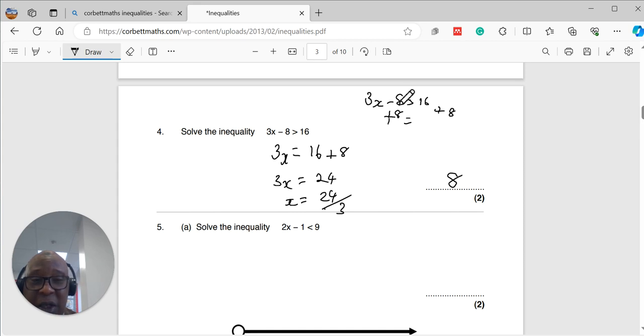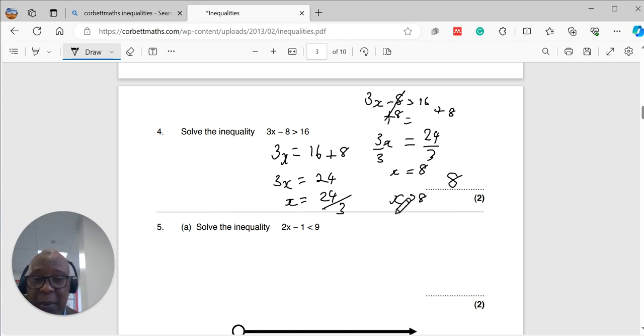So if you add 8 to the left hand side, your 8s have gone, and you're left with 3x, which is greater than 16 plus 8, which is 24. And then they say divide both sides by 3, and that will give you x equal to 8, or remember to change the sign back, x bigger than 8.